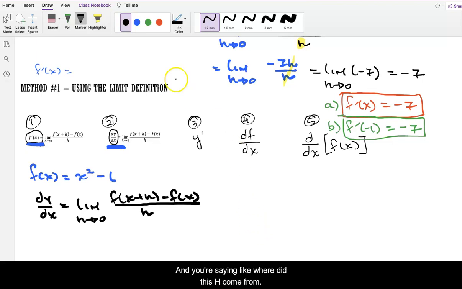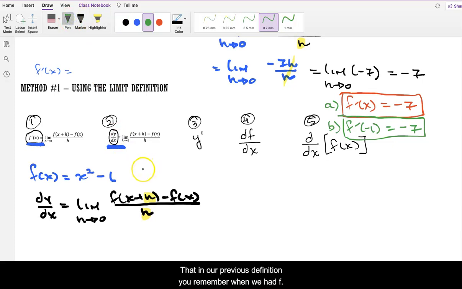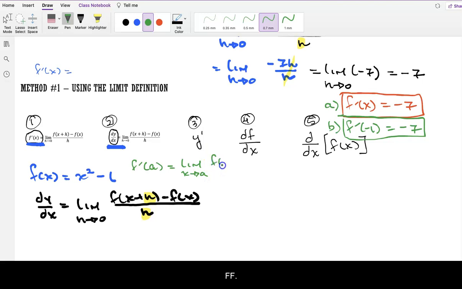And you're saying, where did this h come from? Well, this h takes into consideration our previous definition, where we had f prime of a equal to the limit as x approaches a of f of x minus f of a all over x minus a.